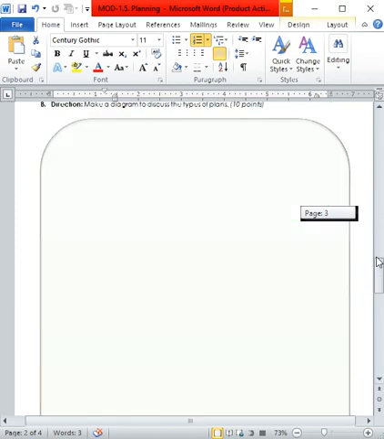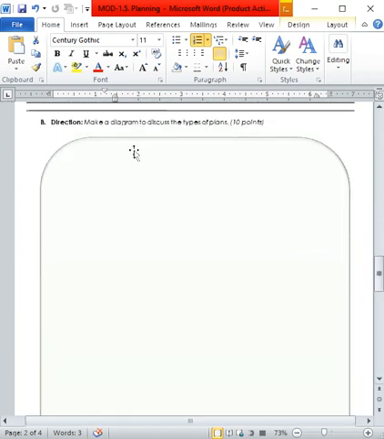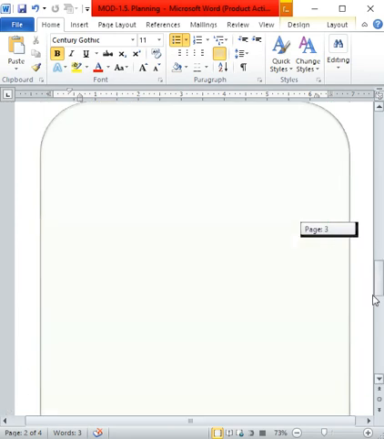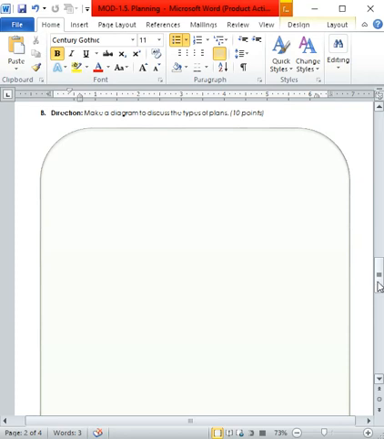And here, you just have to make a diagram to discuss the types of plans. What are the types of planning? The strategic plans, operational, long-term, short-term, directional, specific, single-use, and lastly, standing. You just have to make a diagram for this one. I know everyone knows how to make a diagram already.